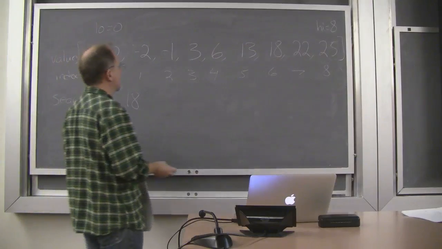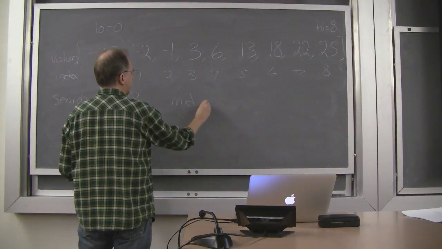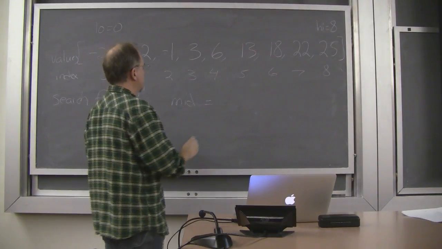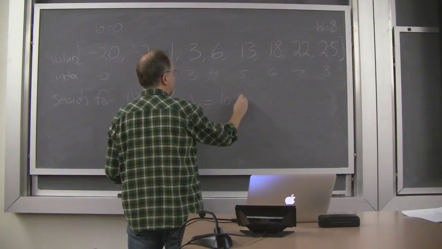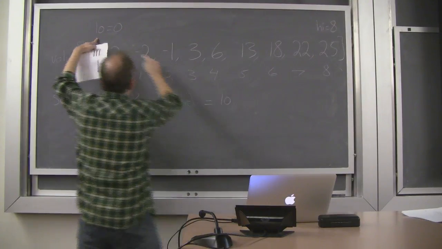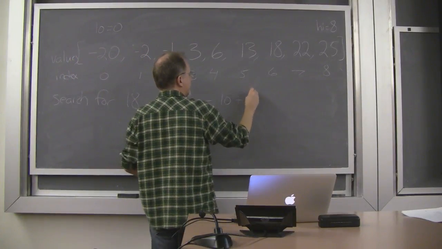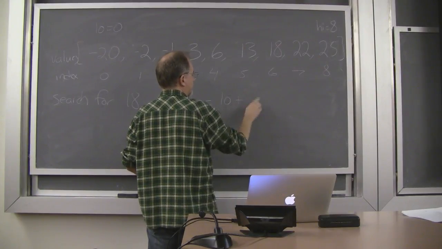So there's a couple, this is a choice. We're going to find the middle index, and I'm claiming it's going to be the low value, start here, and then move forward halfway, plus the length. What am I doing there?